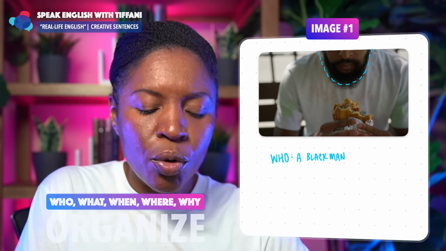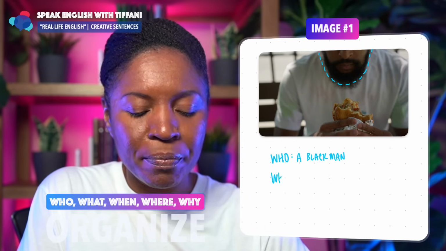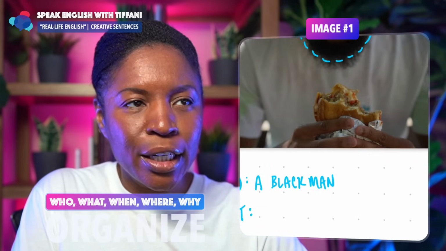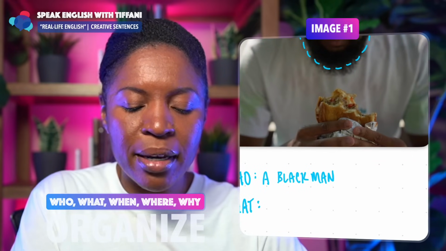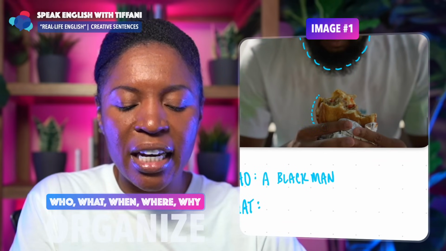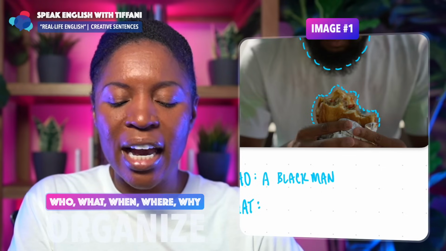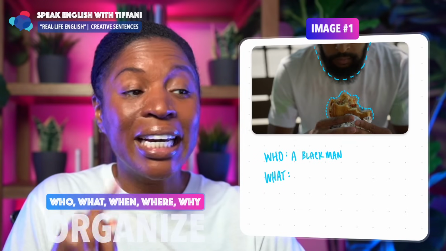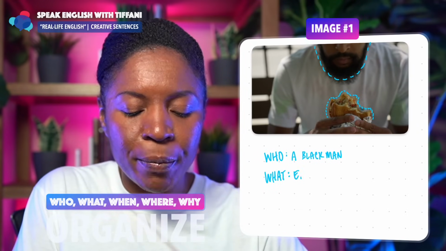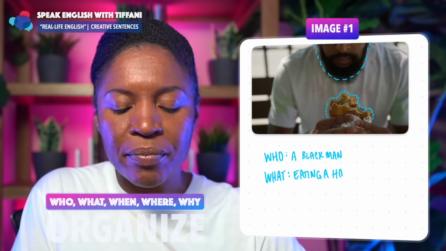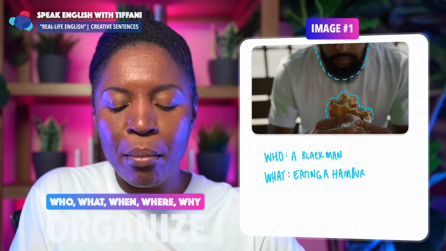So, for the who, we have a black man. Now, what is he doing? When I zoom into the image, I see a hamburger. So I can say that he is eating a hamburger. All right, so this black man is eating a hamburger.